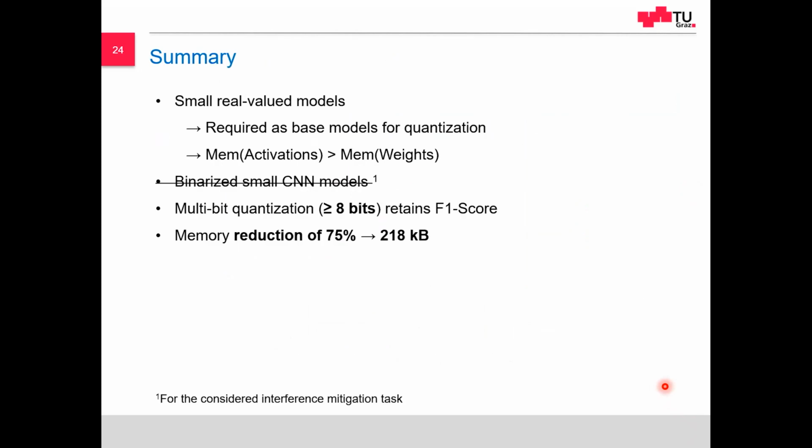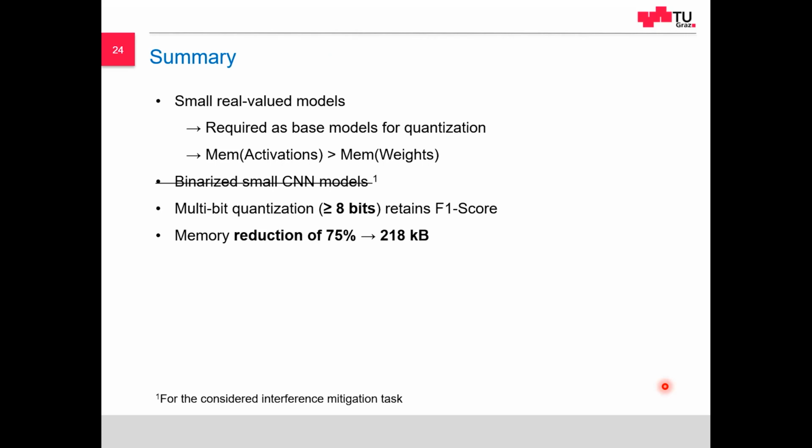So in summary, small real-valued models are required as base models for quantization. We've seen that especially for these models, it's more important to focus on quantizing the activations rather than the weights. We've also seen that binarized small CNN models are not effective for memory reduction for our considered task.